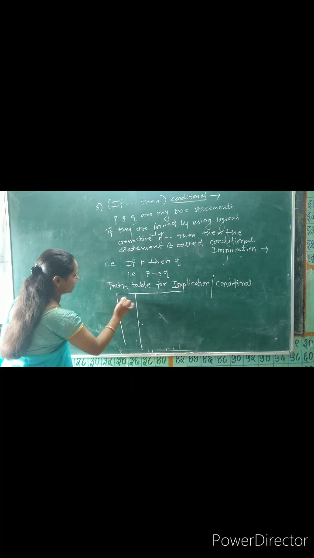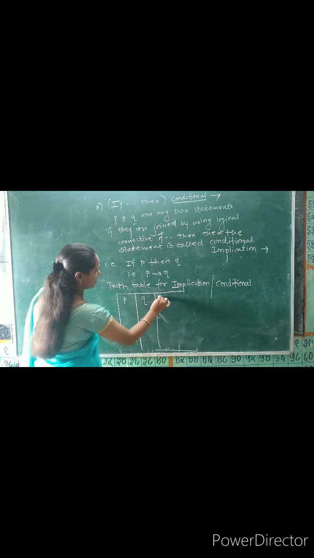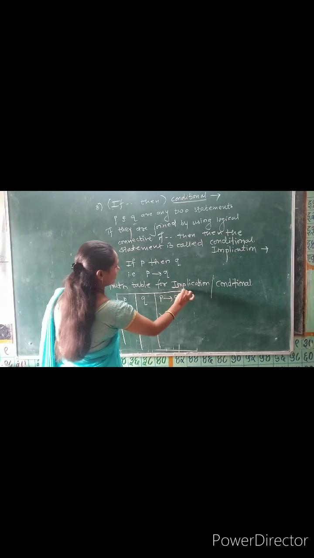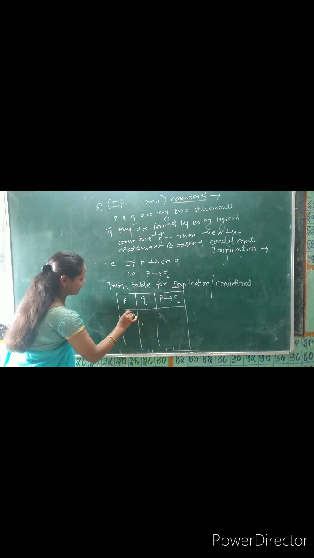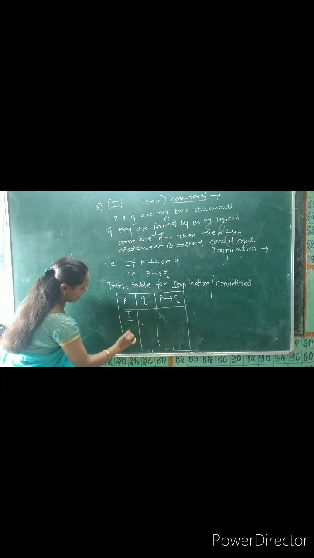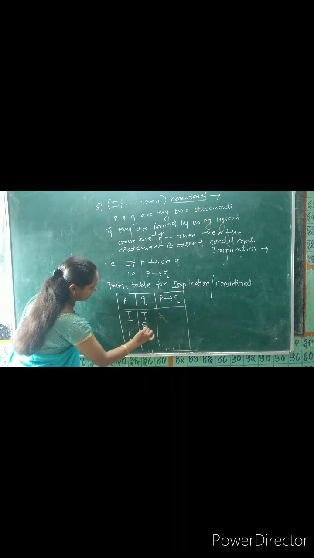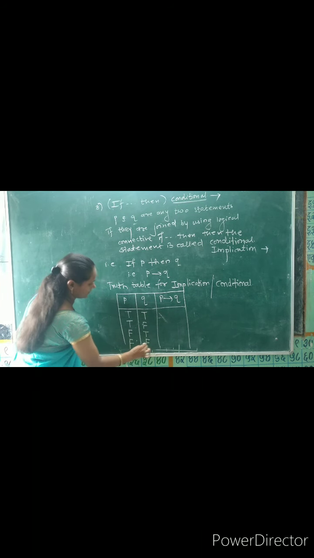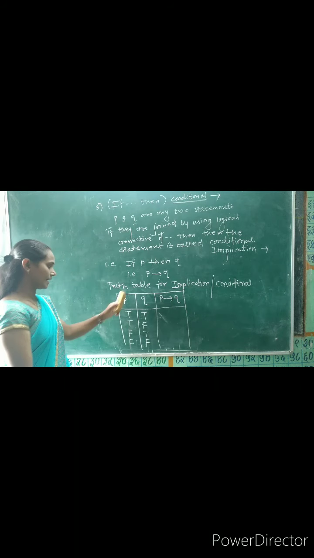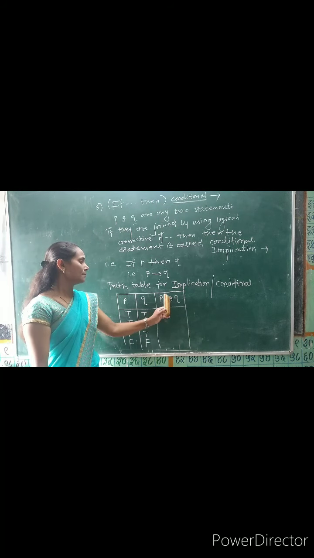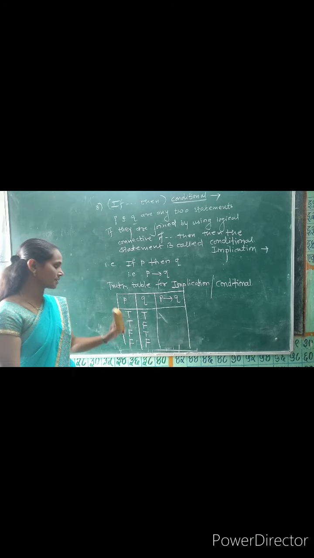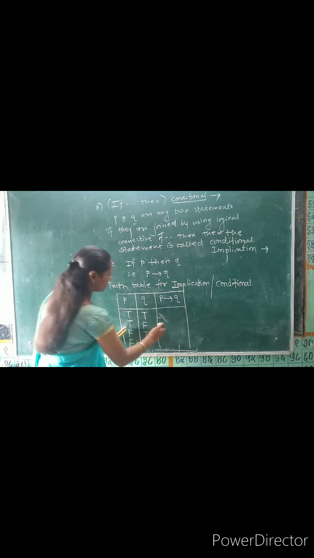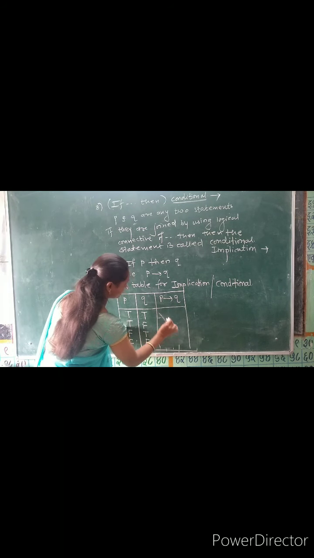Again, we make a truth table with P, Q, and P implies Q. Again, T, T, F, F, and T, F, T, F. In implication, the value of P implies Q is false when the first statement is true and the second statement is false.